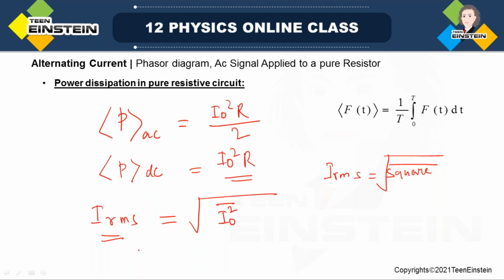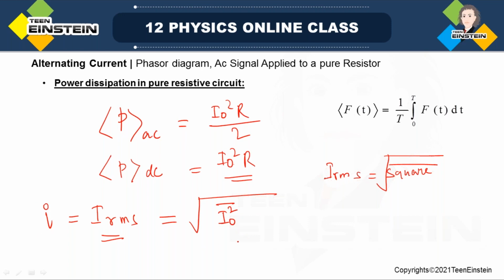It will give you this RMS value of the current. So I will be getting a relationship between I0 and the RMS value. I'll denote the RMS value simply as small i.